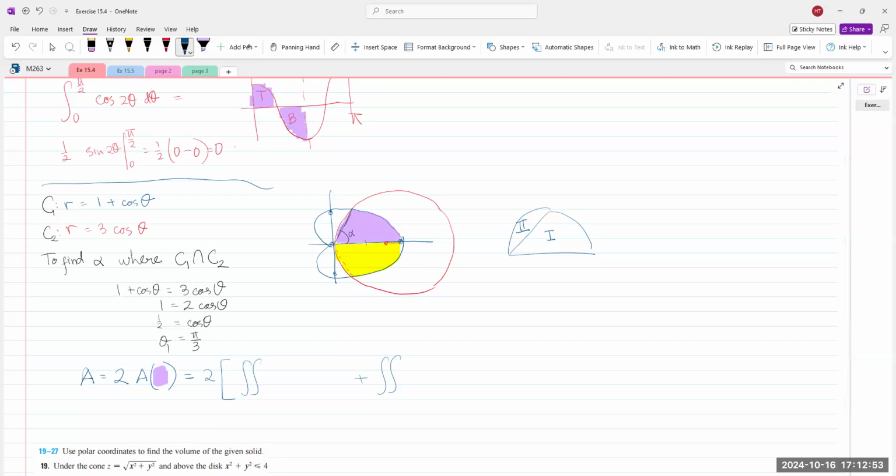Now for the first part, the angle is from 0 to pi over 3, and the radius is from 0 to 1 plus cosine theta, r dr d theta. The second part is theta from pi over 3 to pi over 2, with the circle's radius from 0 to 3 cosine theta, r dr d theta.